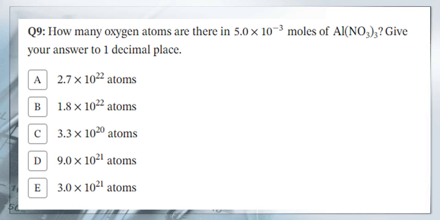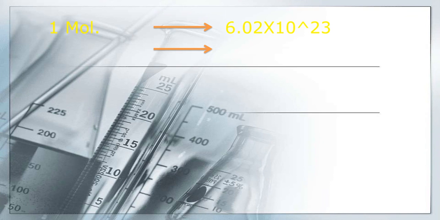Okay, the last question of our group. How many oxygen atoms are there in 5 times 10 power negative 3 moles of aluminium nitrate, with molecular formula Al(NO3)3? Give your answer to one decimal place. Let's discuss. We start with 1 mole of any substance containing 6.02 times 10 power 23, according to our rules.